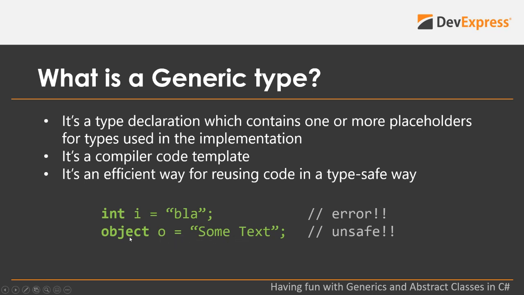I mean, object can contain everything, and now it's becoming unsafe because at runtime we need to check if o is a string or maybe a number or something else, but we can only determine that at runtime. So that is why this is called unsafe, while the above line is safe. This results in an error, so this is safe. You know it's not going to work, so it's helping you already before compile time.